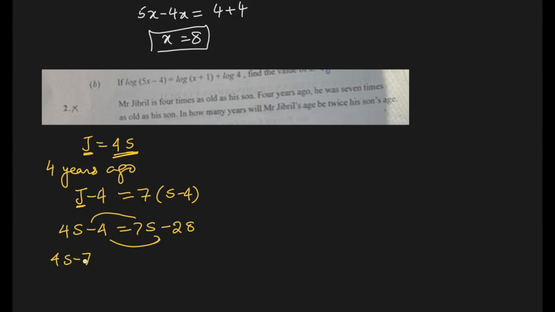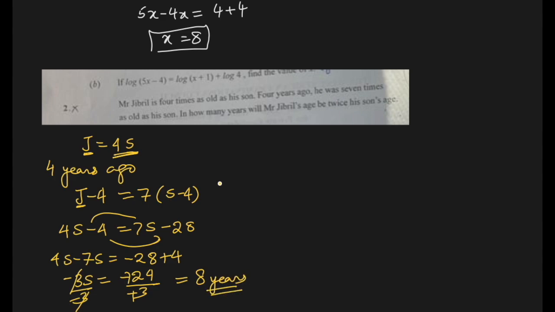So 4S minus 7S equal to negative 28 plus 4. Negative 3S is equal to 24. Divide both sides by negative 3. So S comes out to be negative 24 over negative 3, which is 8.